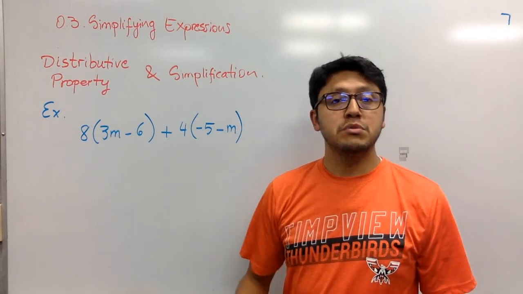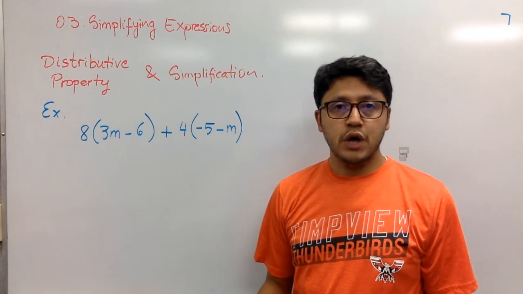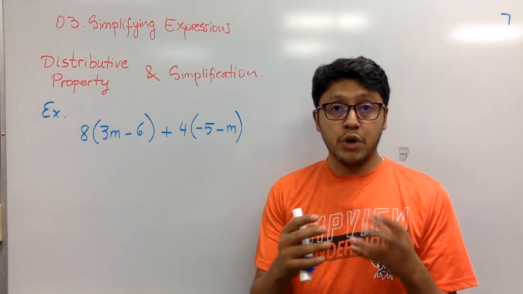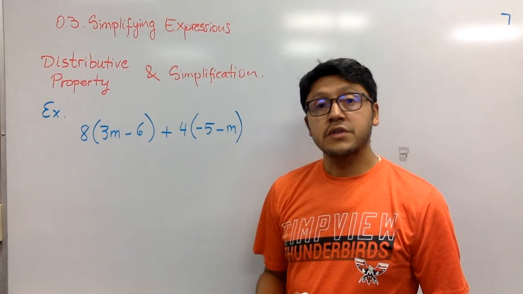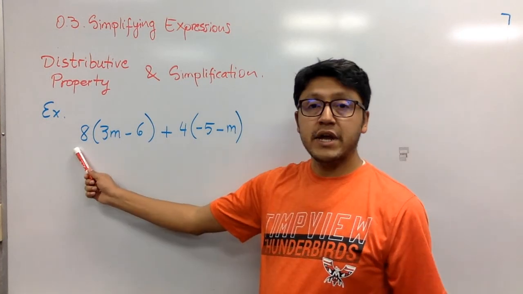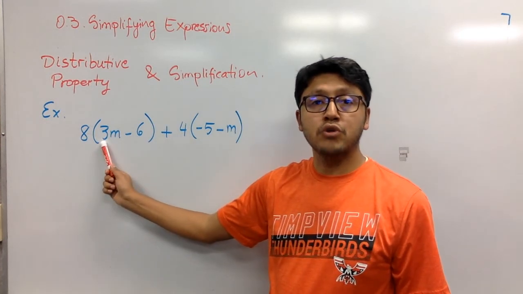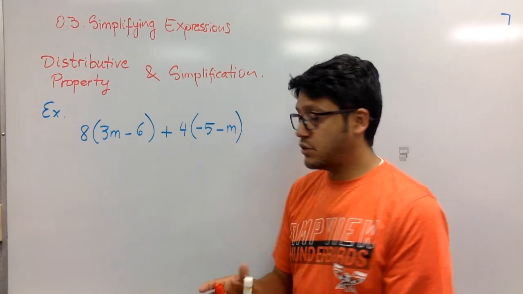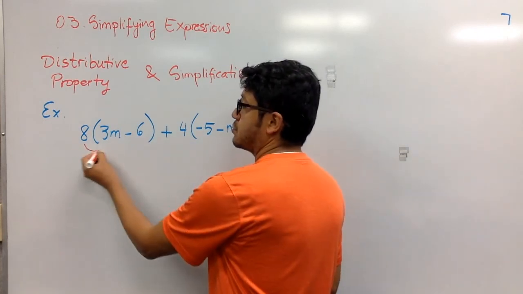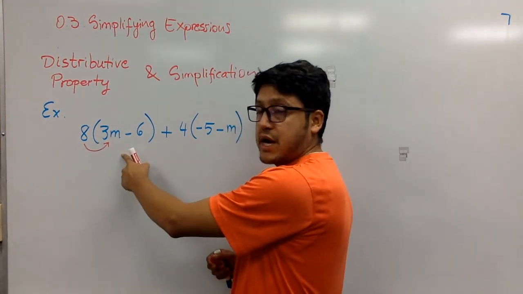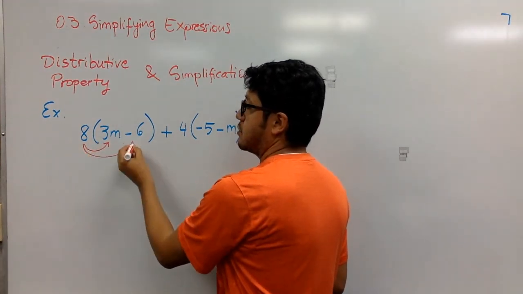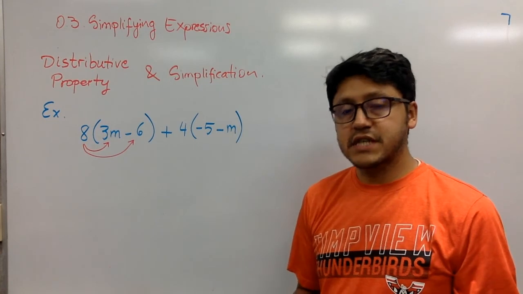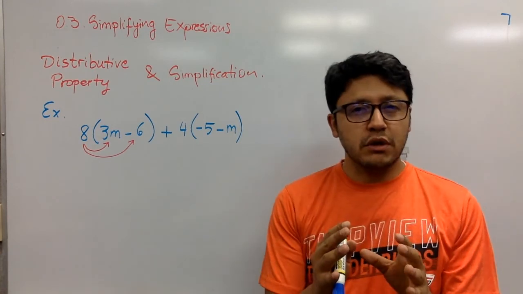Anyway, we need to remember how to do a distributive property operation. In this case, this number 8 is being distributed and multiplied by both of these terms inside. So this is how it's going to work. I'm going to multiply 8 times 3m, and then we multiply by this -6. I just want to clarify something.